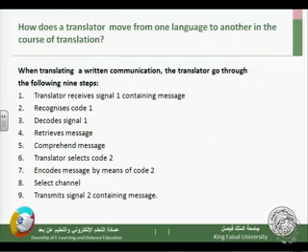He transmits the signal 2 containing the message. He transmits the message to the other receivers of the message. So these are the steps the translator goes through when he moves from one language into another in the course of translation.